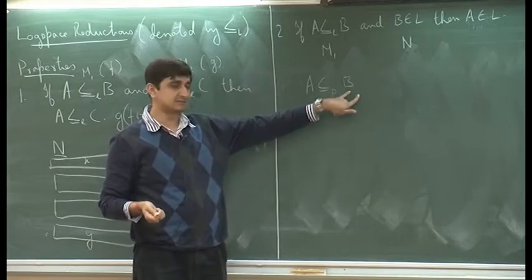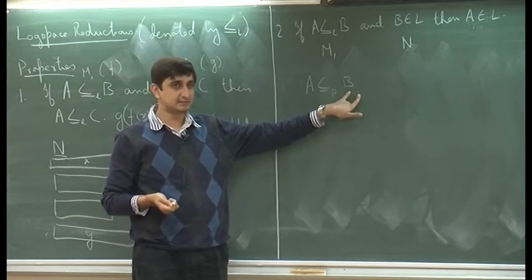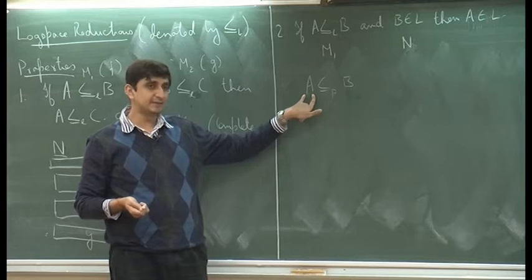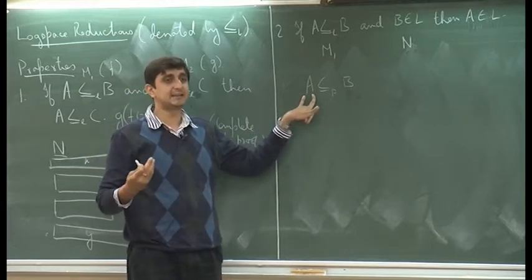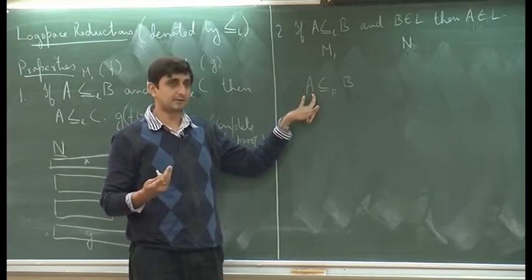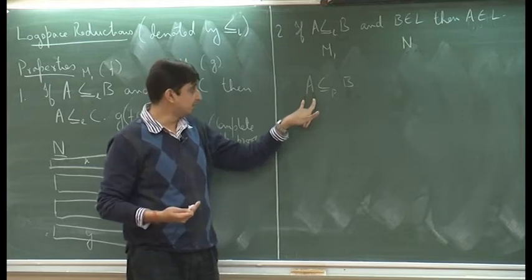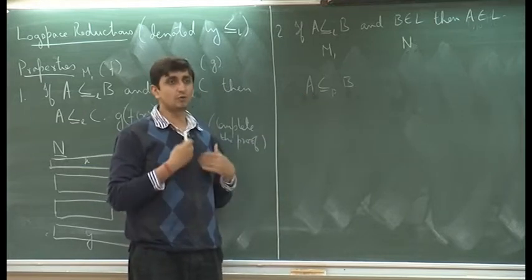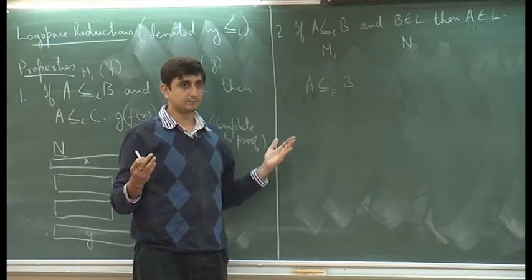I pick two instances of B, a yes instance and a no instance, and since I am already assuming that A is contained in NL, let us say that A is the path problem. There is a polynomial time algorithm for A, so I will just go ahead and compute A right away.